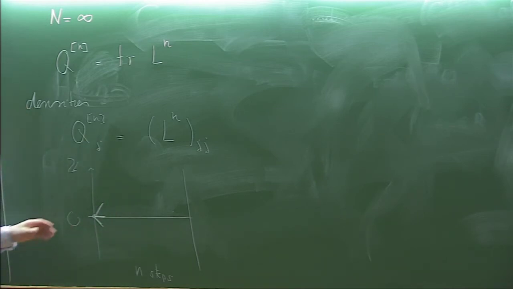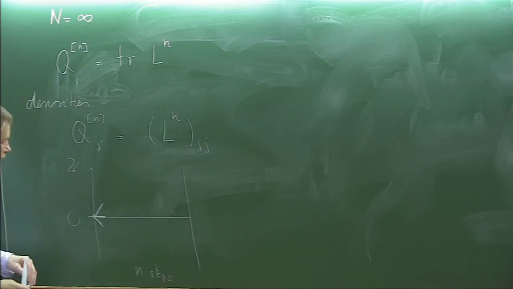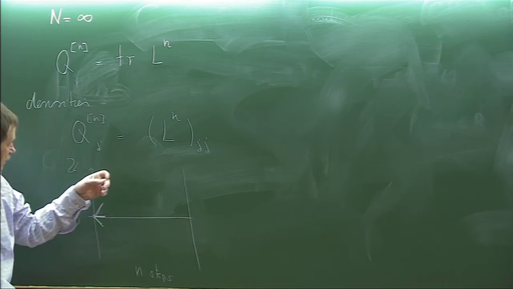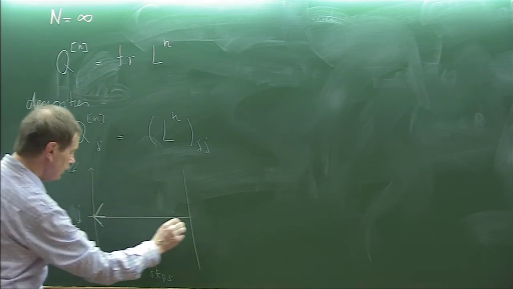When I expand out what I mean by L to the power n, I will get a sum over all random walks which start at j and end up at j.